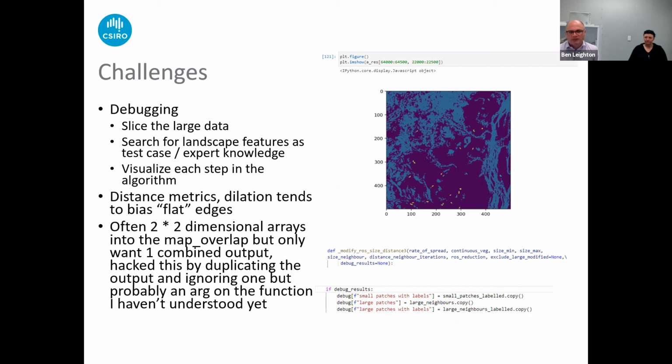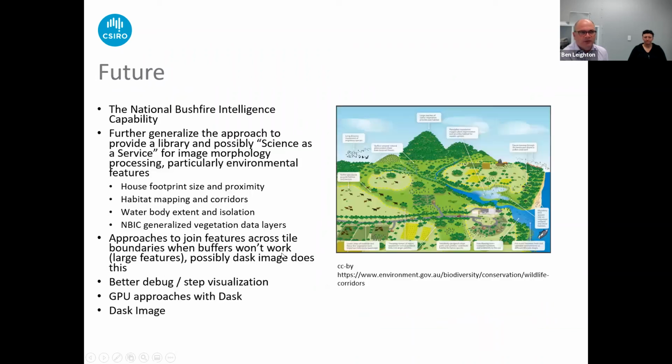There was an expectation from map overlap that the data structures going in look like the data structures coming out. In some cases, we solved that just by duplicating data structures on the way out of our algorithm and then throwing one of them away to conform to the shape expectations of map overlap and Dask. But it's also possible that there might be arguments or ways of setting up the function that I haven't discovered yet, or that we haven't discovered.